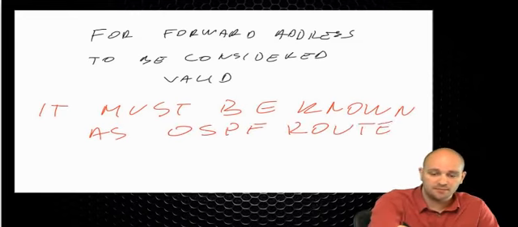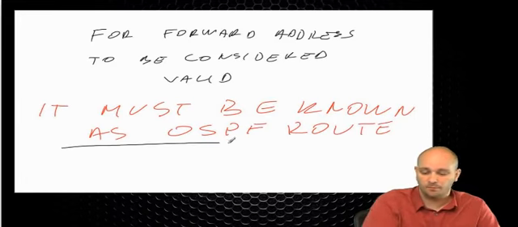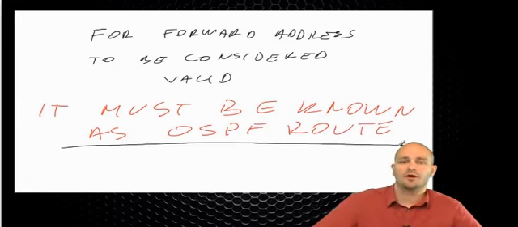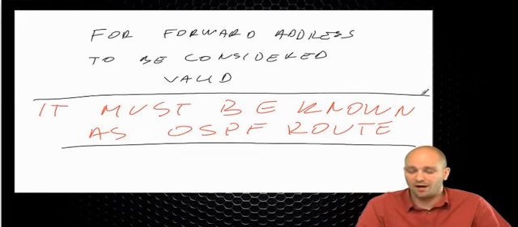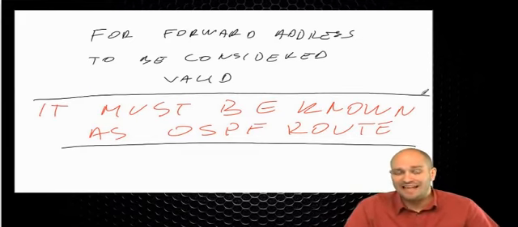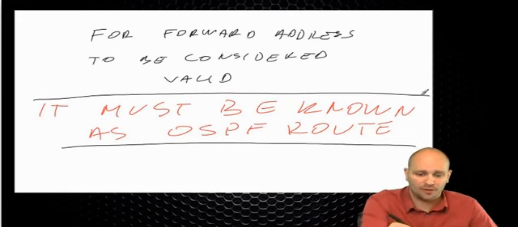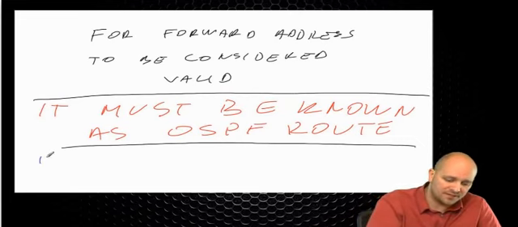Now, what that means in plain English: if on the local router the forwarding address is not known as an OSPF route, the LSA that contains it cannot be used for routing.